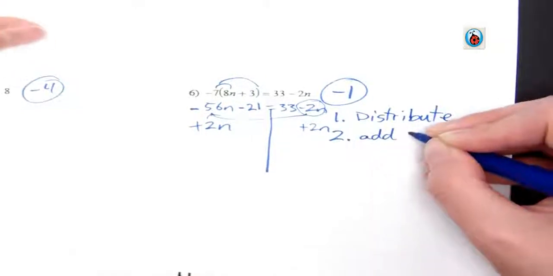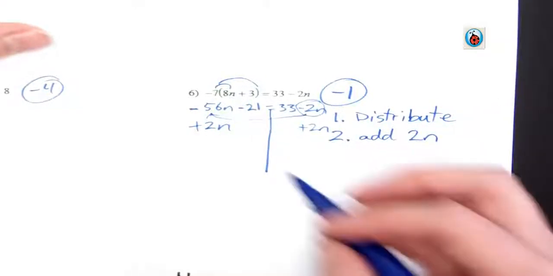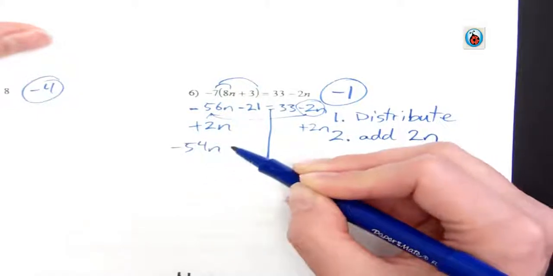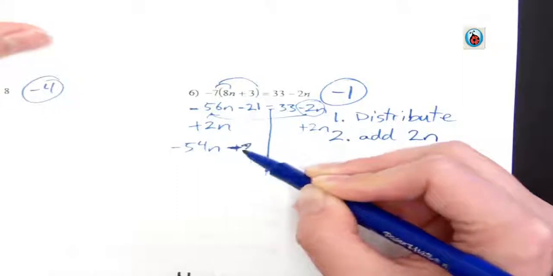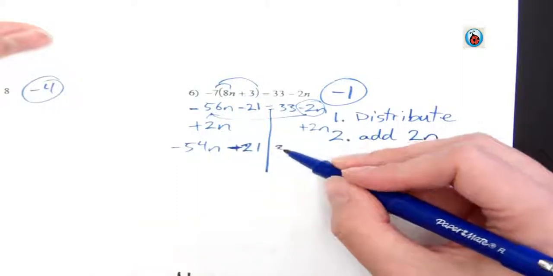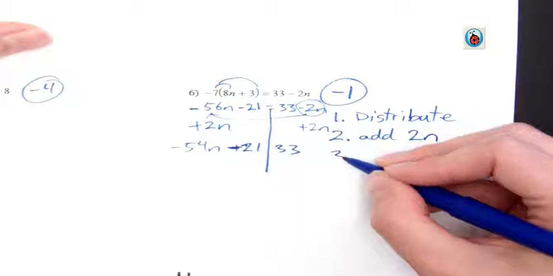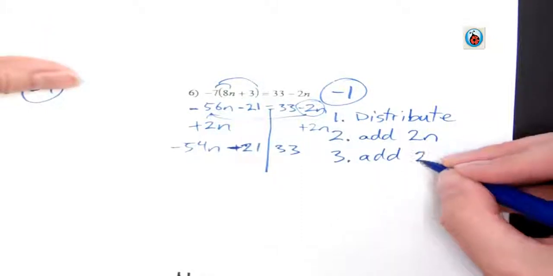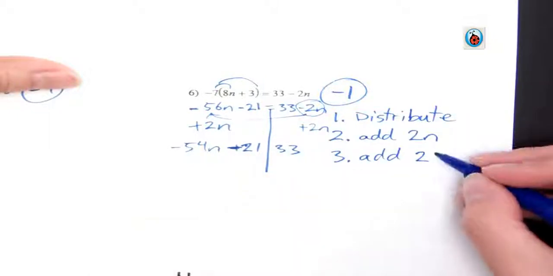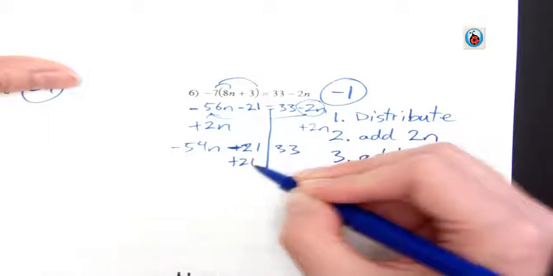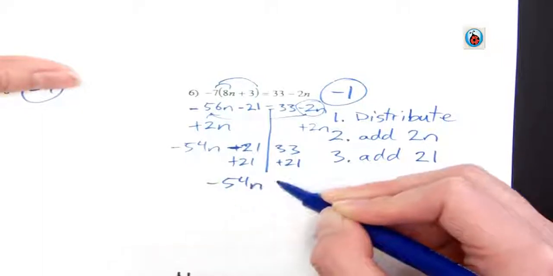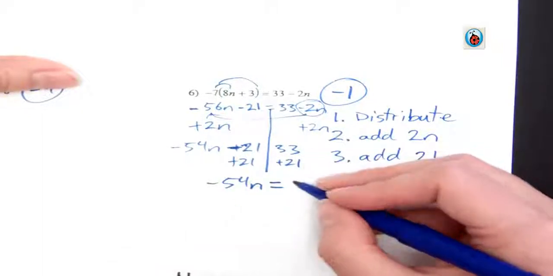So add 2n to both sides. That gives me negative 54n plus minus 21 equals 33. My next step is to add 21 to both sides because it's already a negative. So that gives me negative 54n equals 54.